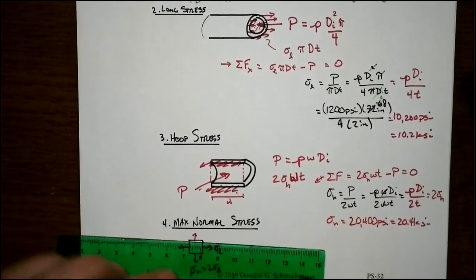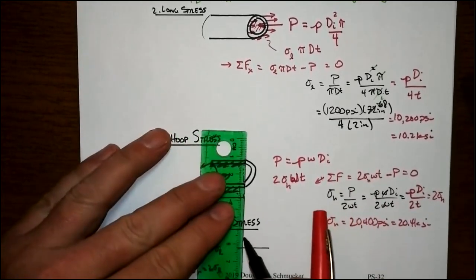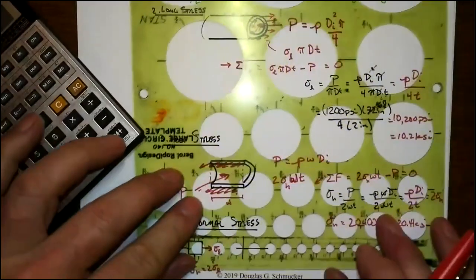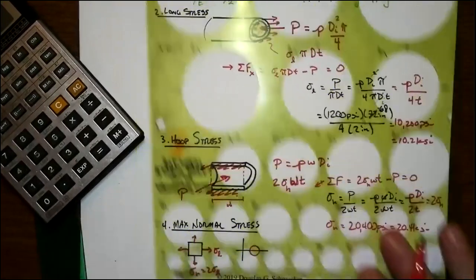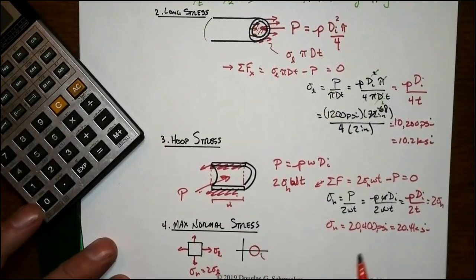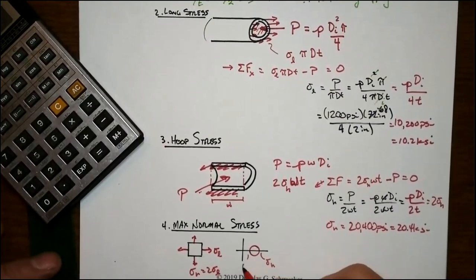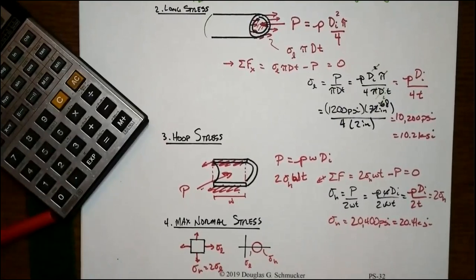So Mohr's circle then would look like that. We've done this one actually before. We've got a specific example on that. So this really, right there, sigma h, is the max normal stress.